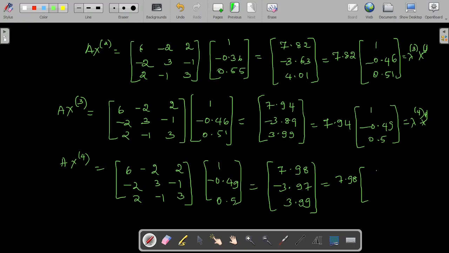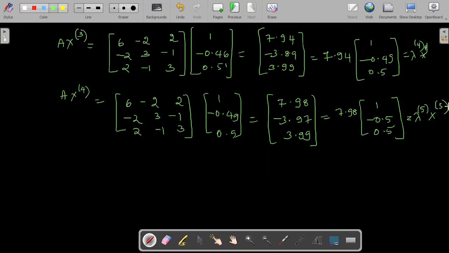Get this 1, then minus 0.5 and 0.5, which is the fifth approximation you got. Now you can stop here, or else you can try one more iteration to get the exact approximation.